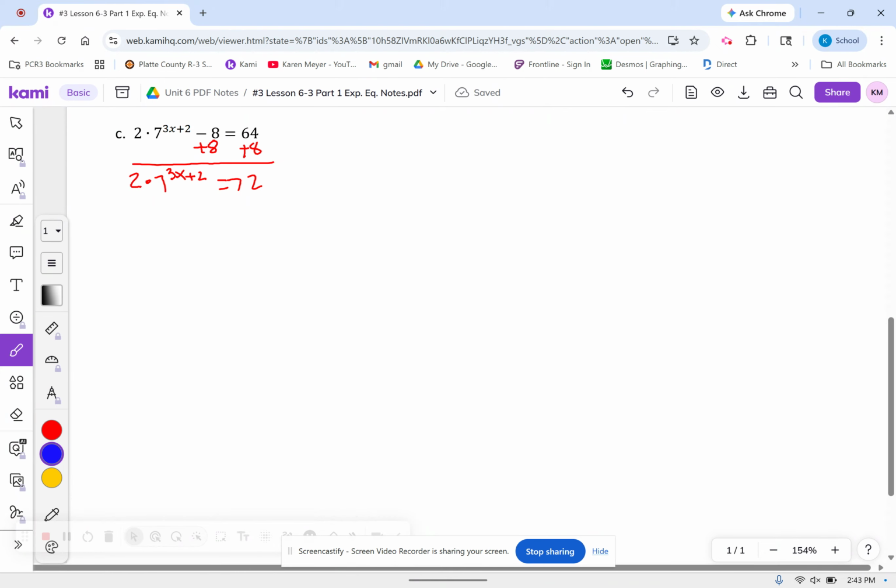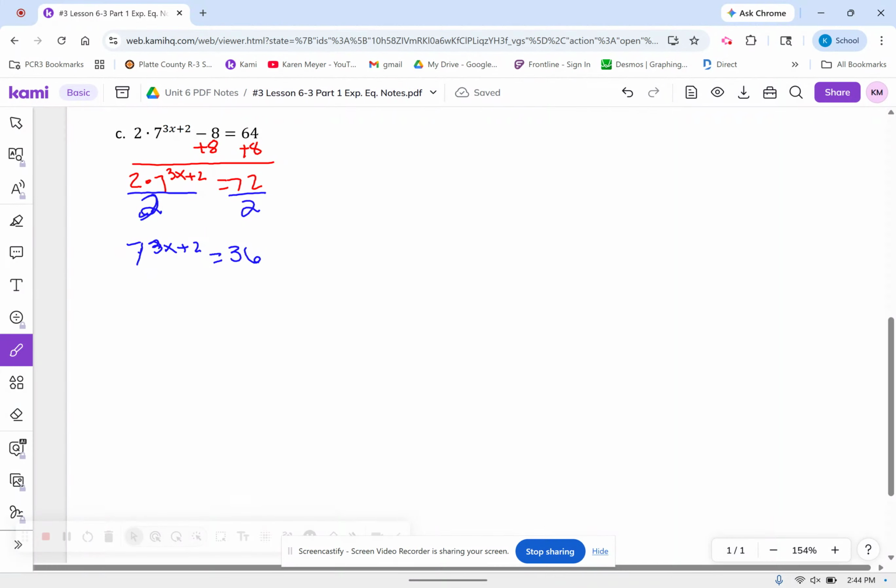So then we're going to have 7 raised to the 3x plus 2 equals 36.